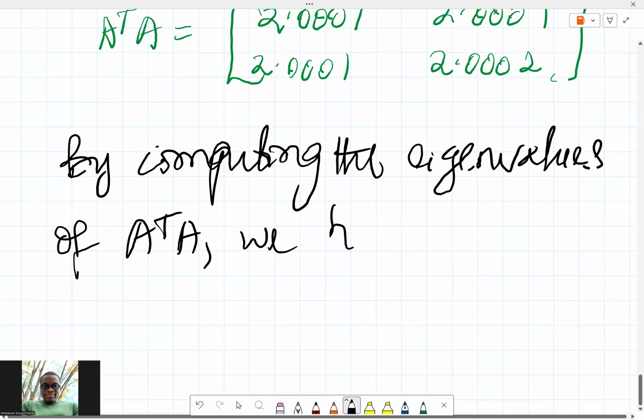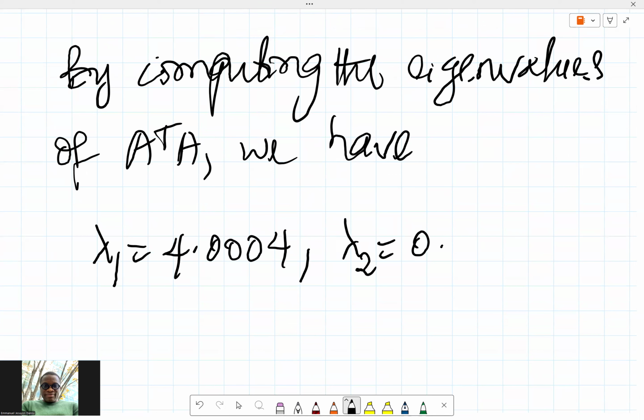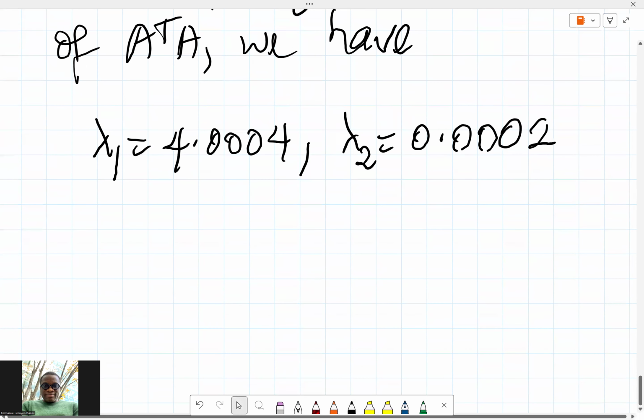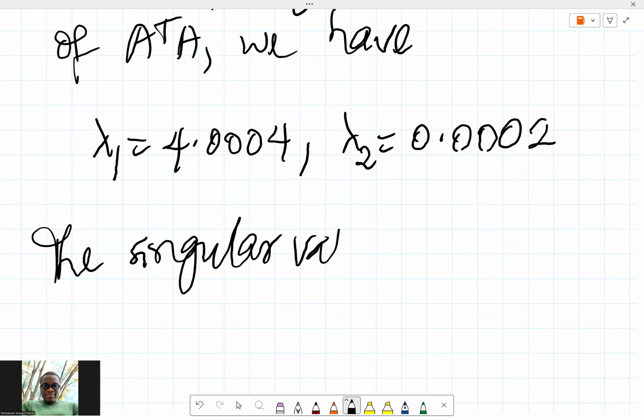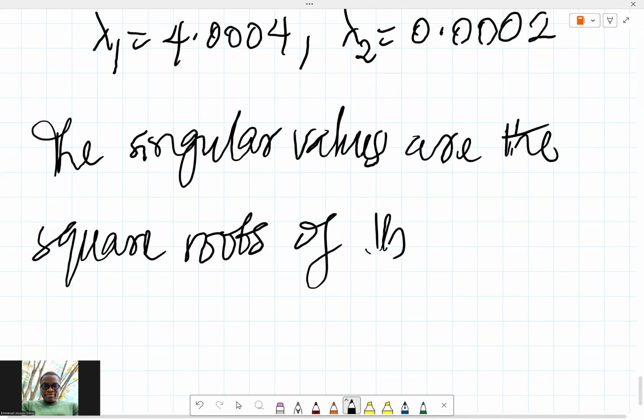We have lambda 1 equal to 4.0004 and lambda 2 equal to 0.0002 or 5, or something close to that. The singular values are the square roots of these eigenvalues.